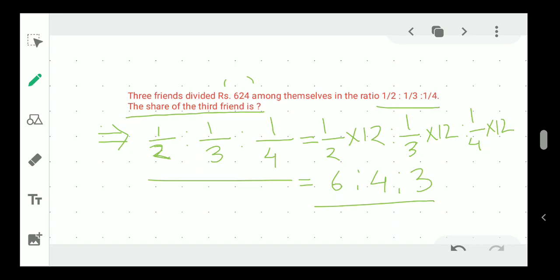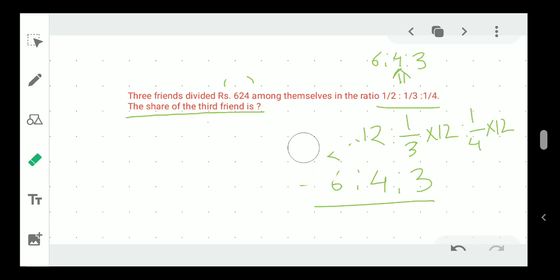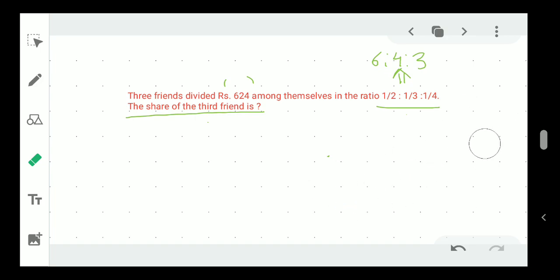So I am writing that this is equivalent to 6 is to 4 is to 3. Now you can ask, sir, why have you done this? Because dealing with fraction terms like 1 by 2, 1 by 3 is really tough. I don't like to do it, and in some cases we might face problems as well.